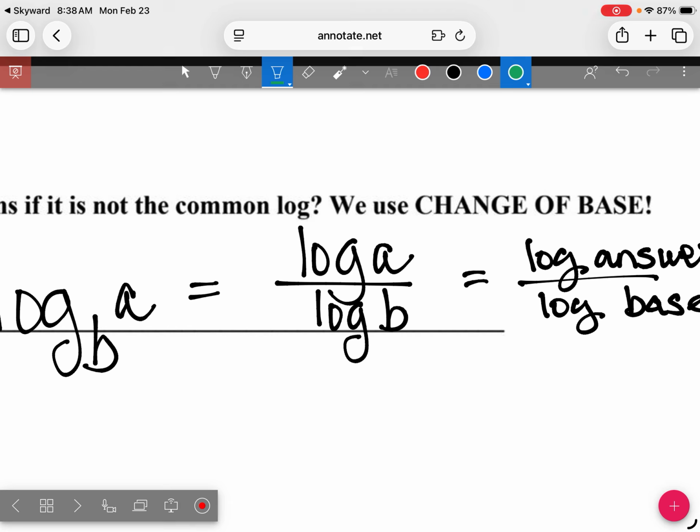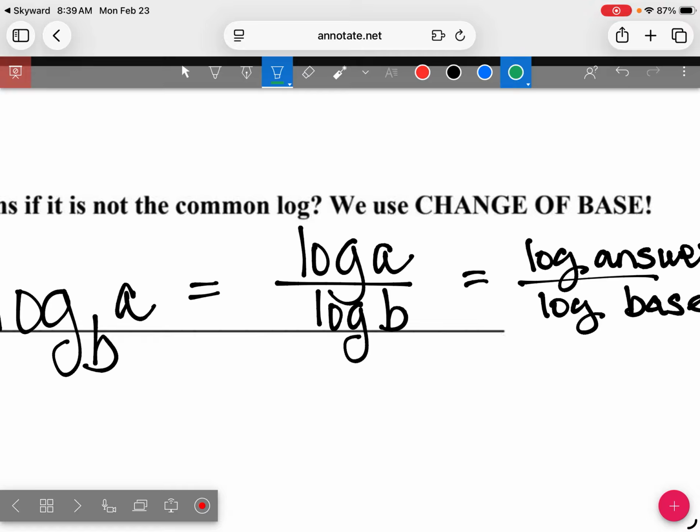If you just remember, there's two numbers. The base goes in the basement. Okay, everybody got our formula copied down?